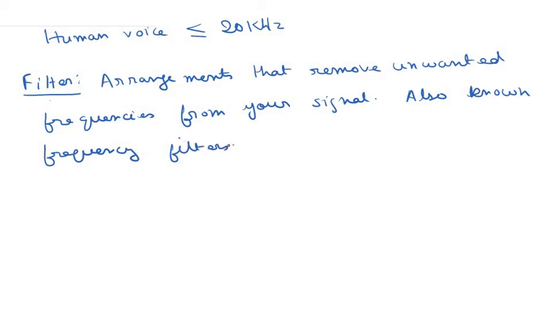The simplest filter that we can have is actually a combination of R and C. Okay, so resistor and capacitor.